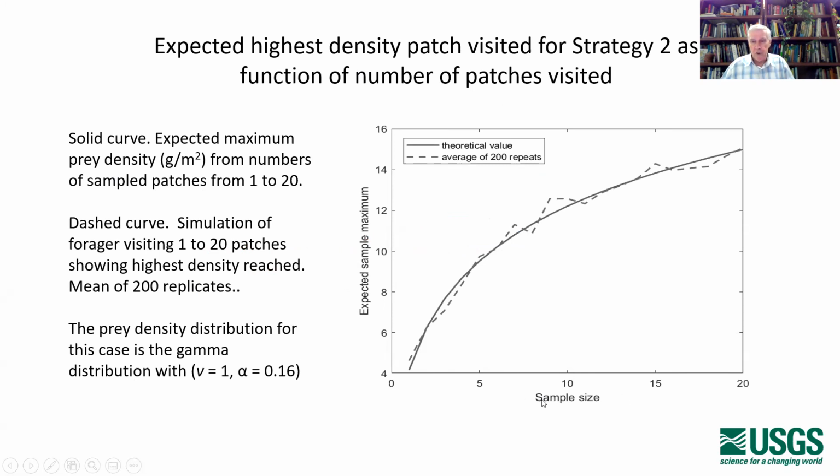That is the sample size, the number of patches visited. The solid curve gives the expected sample maximum, that is the maximum prey density that the wading bird is likely to find, the patch with the highest density.